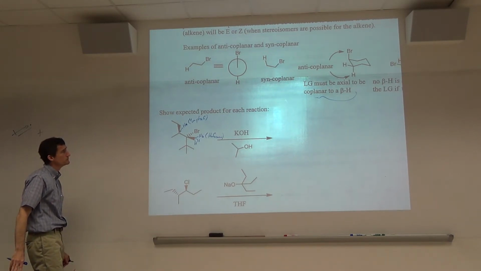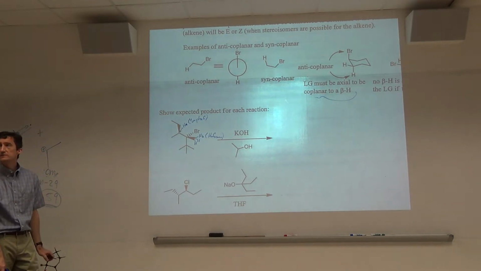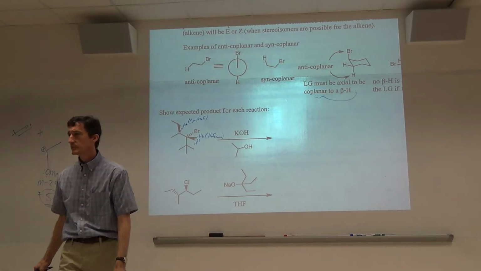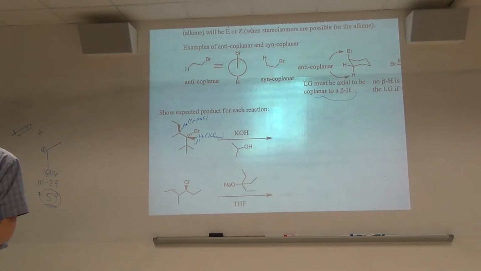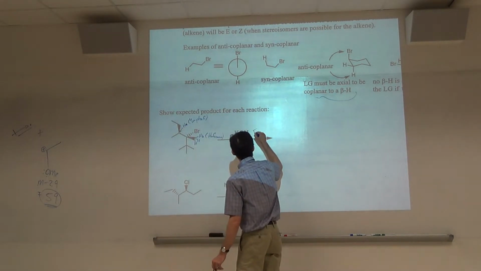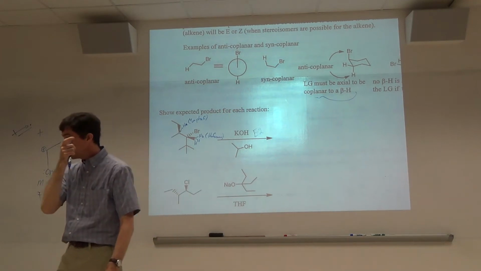Okay. So which is more stable, Zaitsev or Hofmann? Zaitsev. Zaitsev is more stable. Of course, this Zaitsev would have stereochemistry, because the 4 groups could be E or Z. Everybody agree we're doing E2? Which product are we going to get, Zaitsev or Hofmann?